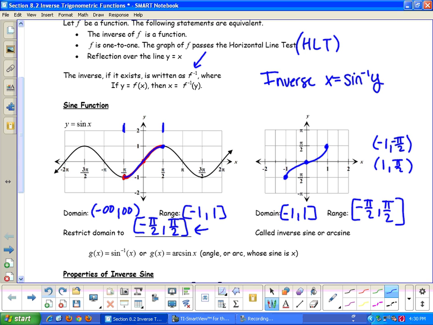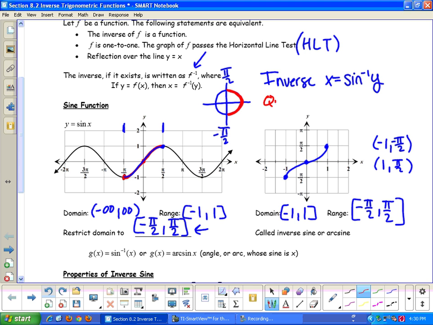And if you think about this on your unit circle and you think about your answers, if you have negative pi over 2, which would be down here, and this is pi over 2, notice that we're in quadrant 1 and quadrant 4 on my unit circle. So those for the sine inverse are going to be the quadrants that I'm working with.